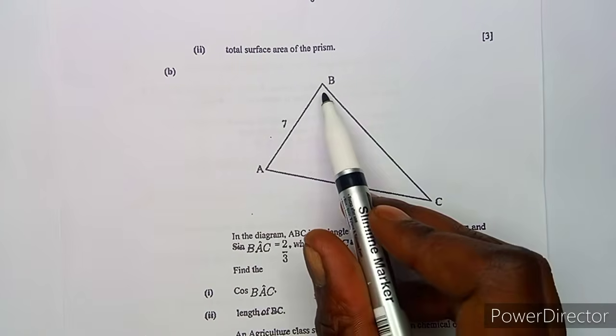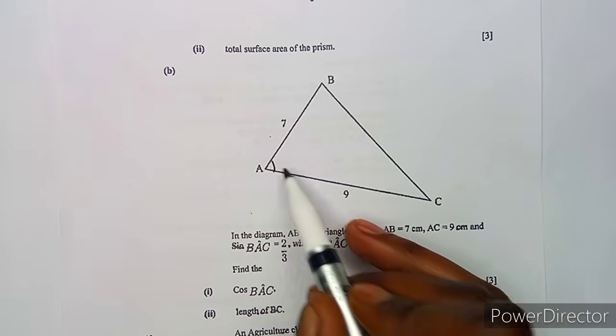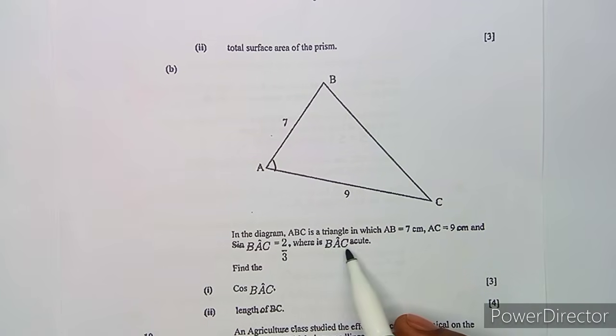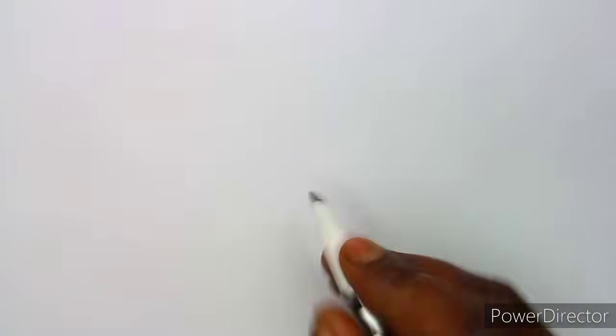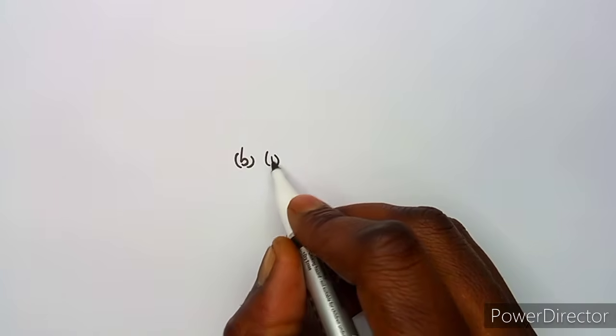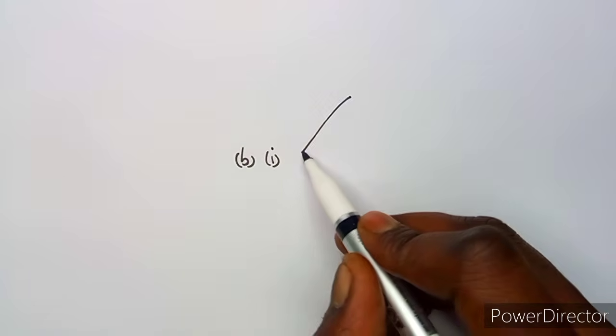That is BAC, sine of this angle is equal to 2/3, where BAC is an acute angle, and we are told that it's an acute angle. So find cos BAC. So guys, this is direct. Okay, we do not have the angle first that is called BAC. This angle is not even there.